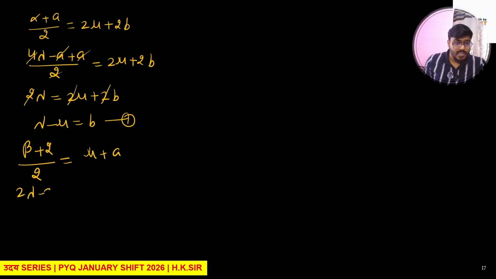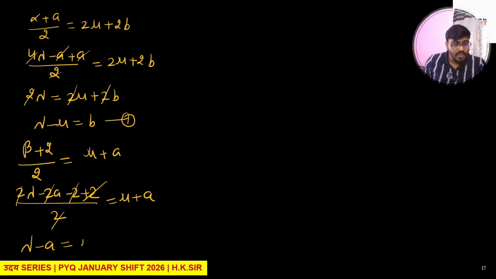So 2 lambda minus 2a minus 2 plus 2 divided by 2 equal to mu plus a. This 2 minus 2 cancels, and this 2 and this 2 also cancel. Lambda minus a equal to mu plus a. From here we can say lambda minus mu equal to 2a. This is the second equation.